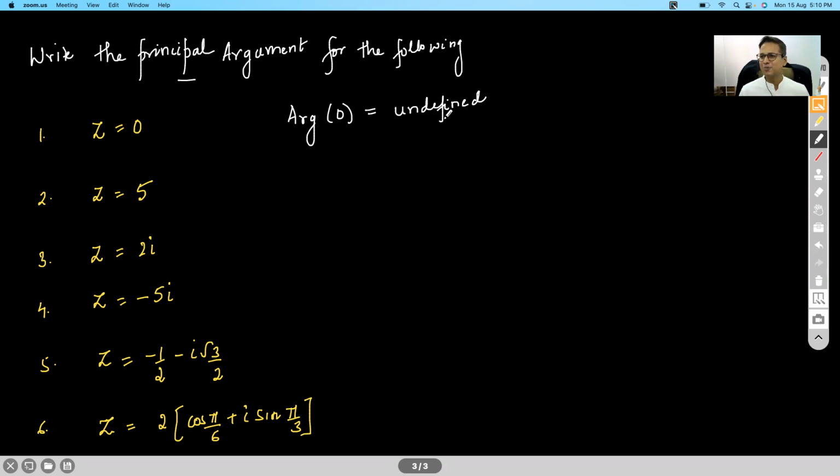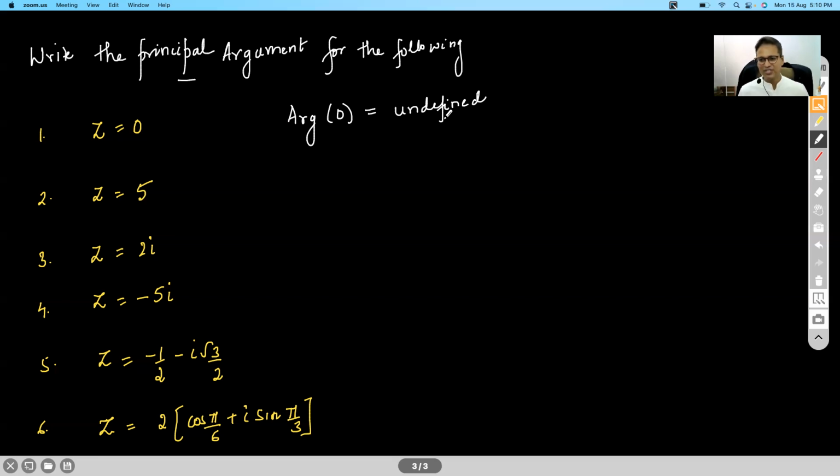So what is the direction of a point from the positive real axis? Nobody can figure that out. It's like saying, what's the direction of a null vector? Undefined, isn't it? What's the degree of a zero polynomial? Undefined, right? So the first answer is undefined.